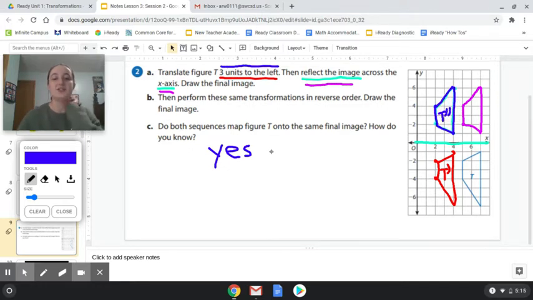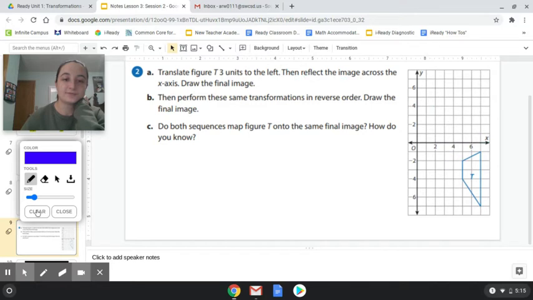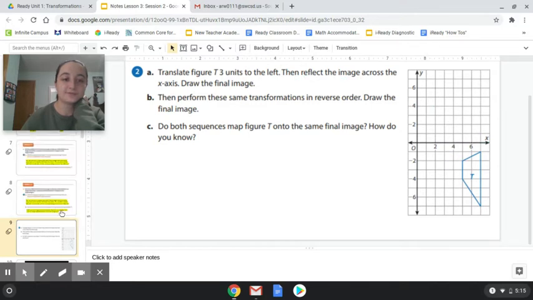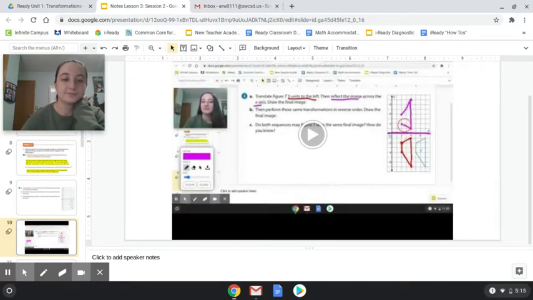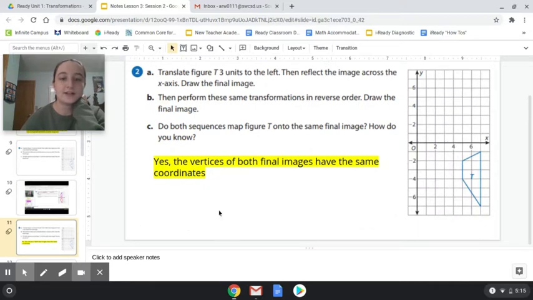So in this case, they do end in the same final image. However, that is not always the case. So yes, just like I said, the vertices of both final images have the same coordinates. So they do indeed make the same final image in this example.